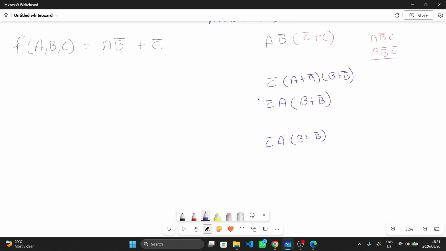We'll put that in alphabetical order, so it will be a b c complement, a b complement c complement, and this will be a complement b c complement, and then we'll have a complement b complement c.